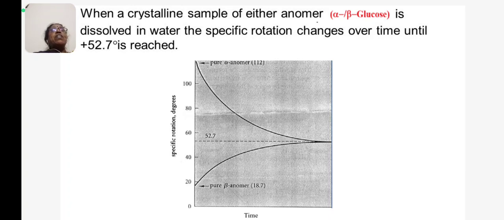Similarly, if we start with alpha D-glucose, this anomer has a specific rotation value of 112. Therefore, as the time increases, it starts decreasing till it reaches the equilibrium value 52.7. Afterwards, it won't decrease. This change in the specific rotation is explained in the following image.